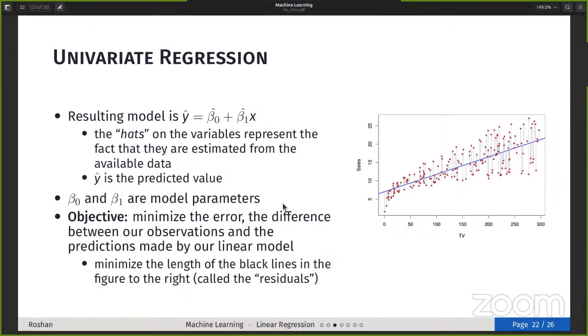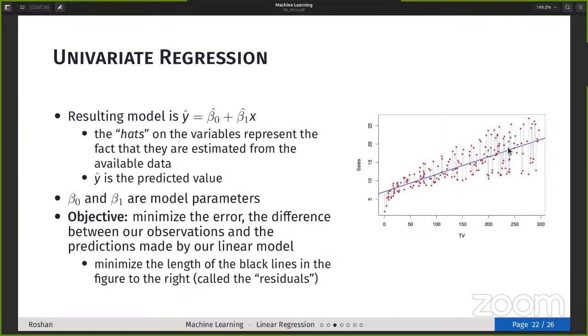Here our objective should be to minimize this distance, as you can see from this point to this line. I want to find a line that minimizes this distance. If I draw a line here, all the points are very far off from the line, and that is not a very good model. I want the line to be somewhere in between these points, so that most of the points fall on this line.